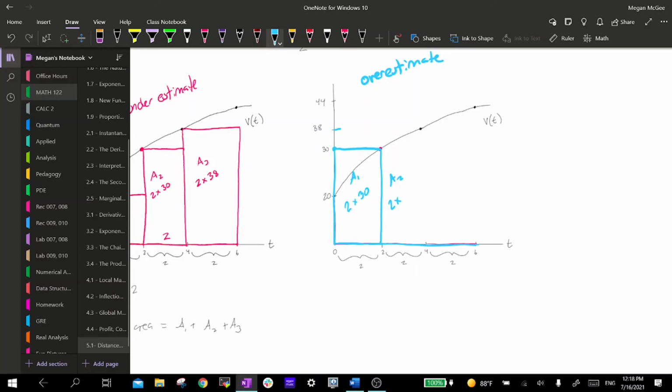So we're going to come over here and attempt to connect them in a typical manner. There we go. For our third rectangle, we picked 44 as our height.